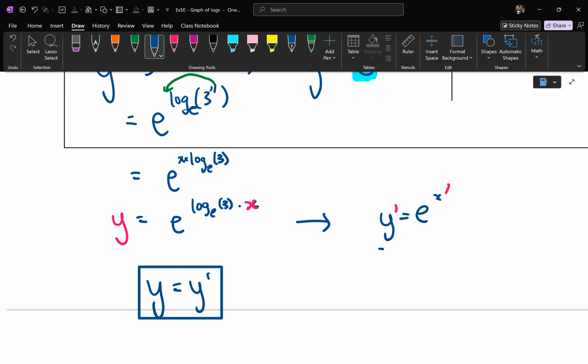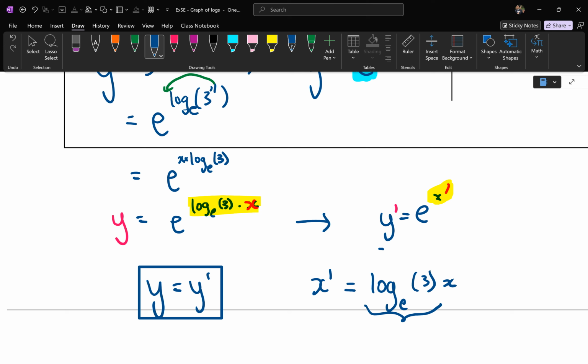So that's one way. But then if you look at the x's, let's highlight it. This is what I'm substituting. New x is equivalent to log e of 3 times x.